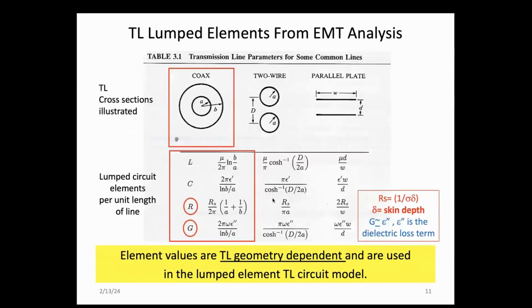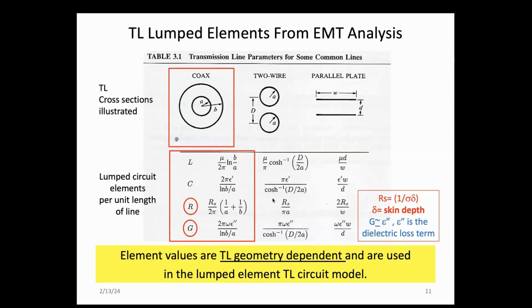I said we're going to focus on coax tonight. So in this box, these are the lumped element parameters that field theory has calculated for us in terms of the parameters of the coaxial line, in particular, the radius of the inner conductor and the radius of the outer conductor, a and b. And as you can see, the inductance per unit length and capacitance per unit length are dependent upon those.